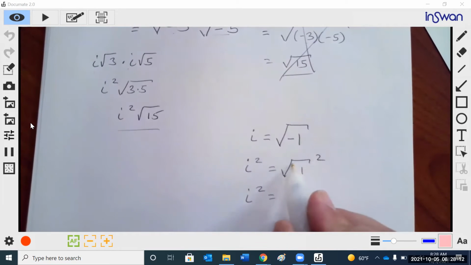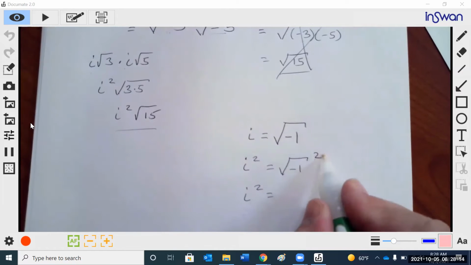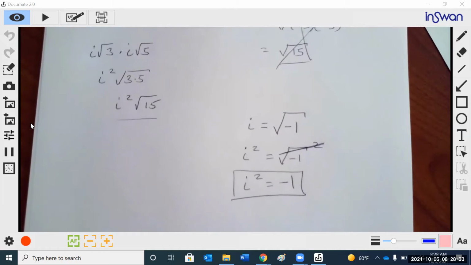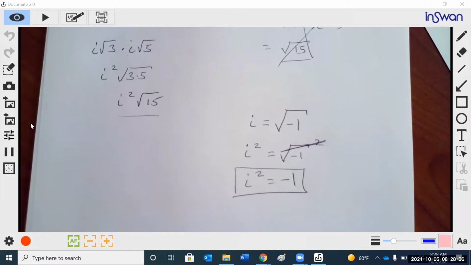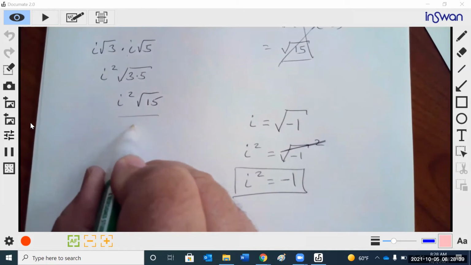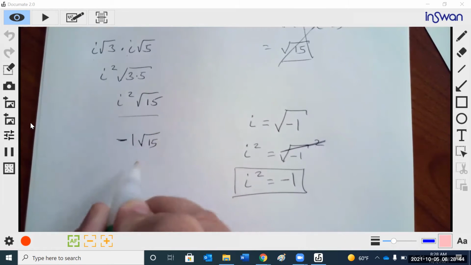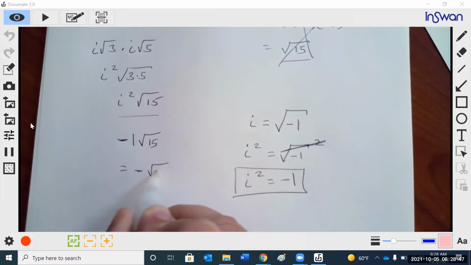What does the square do with this radical? Cancels it. So whenever you see an i squared, it becomes a -1. So in our equation, it becomes -1 times radical 15, which becomes negative radical 15. That's the final answer.